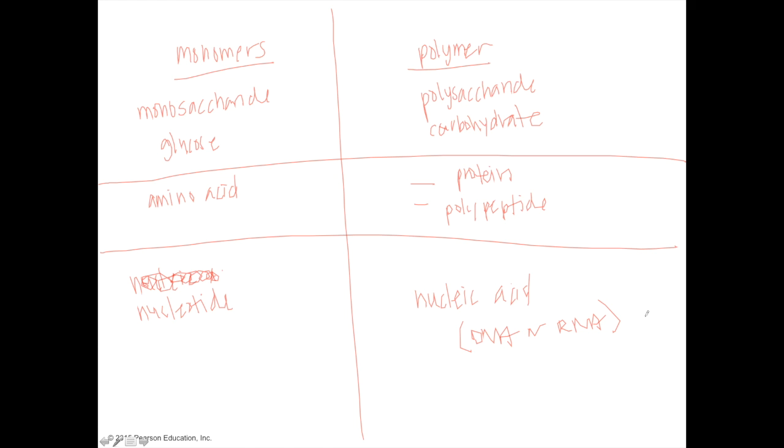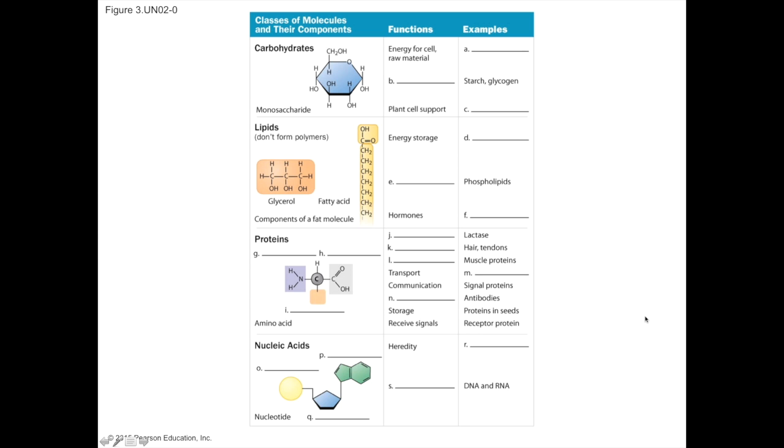Notice I don't have one here for lipids. Lipids don't really have monomers, so it wouldn't fall into this category. This is in the back of your book. I would recommend printing this one off. This is really great for looking at the different macromolecules with their functions and giving you some examples. I would highly recommend going through this.